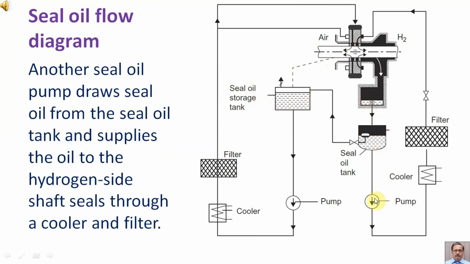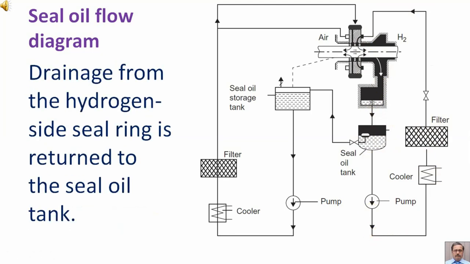Another seal oil pump draws oil from seal oil tank and supplies oil to the hydrogen side shaft seals through a cooler and filter. Drainage from the hydrogen side seal ring is returned to the seal oil tank.